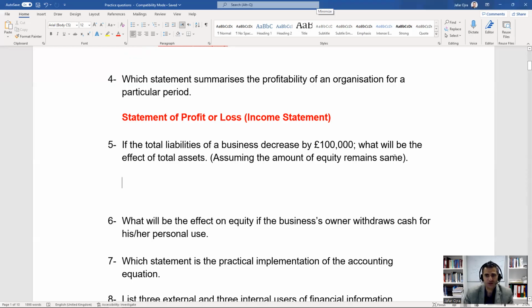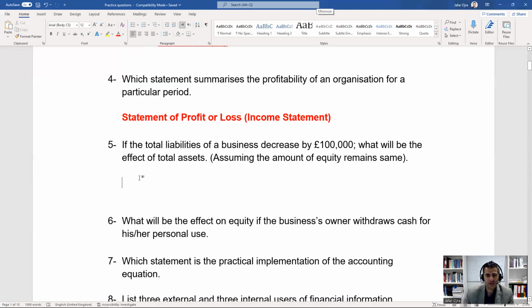So if the total equity remains the same and the total liabilities decrease by £100,000, then automatically the total assets will also decrease by another £100,000. So what will be the effect on total assets? The total equity is the same, it doesn't change, right? I'll give you an example.